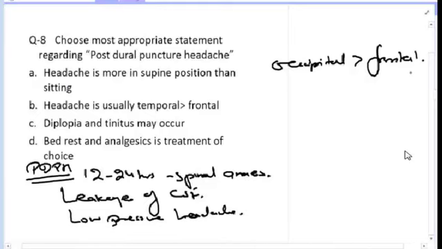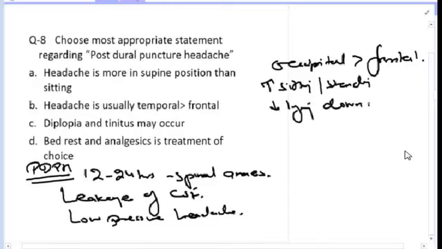The headache increases in sitting and standing position and decreases in lying down position. So when the patient sits or stands, he will complain of increased headache, but when the patient lies down, the headache will decrease. This is very characteristic, the hallmark of this headache.